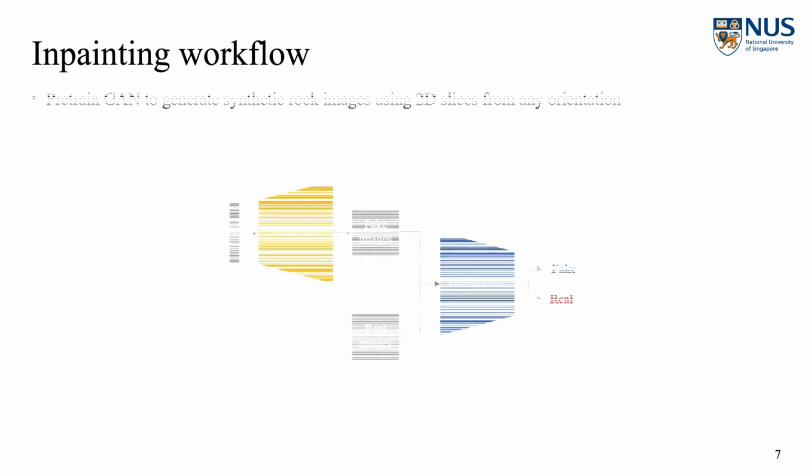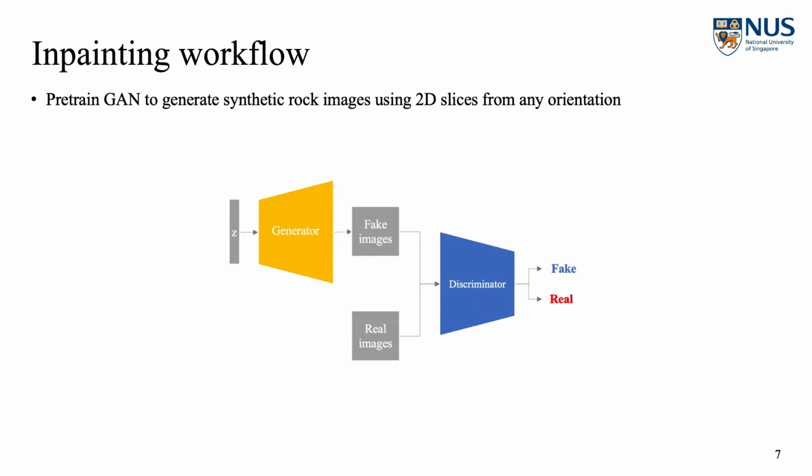The first step is to train a generative adversarial network, or GAN in short, to produce fake 2D scans that can fool human eyes. GAN consists of two competing neural networks, namely the generator and the discriminator. The generator takes random noise vector Z as inputs and outputs synthetic images.